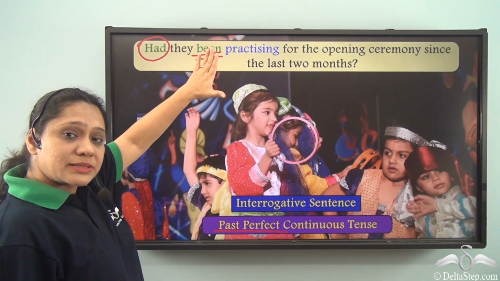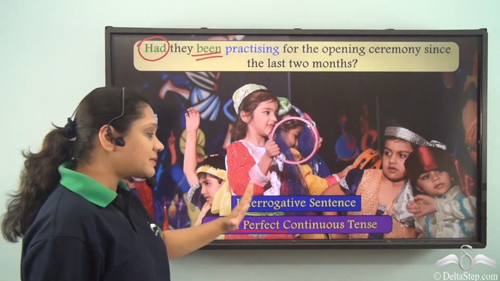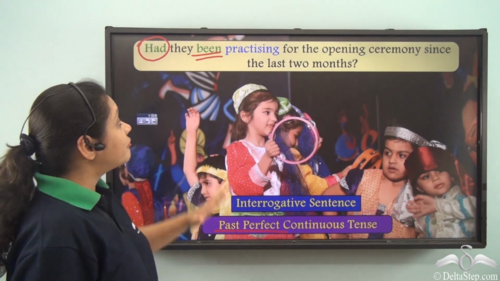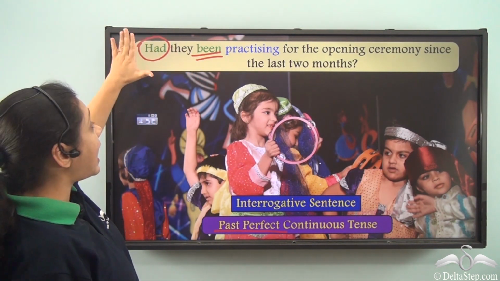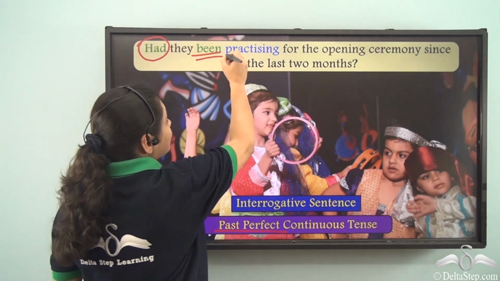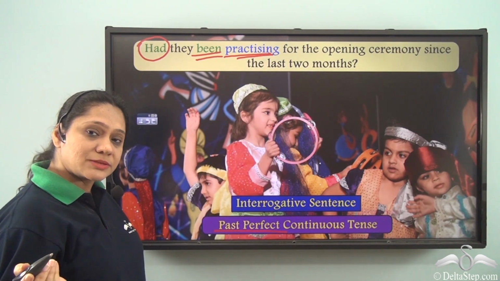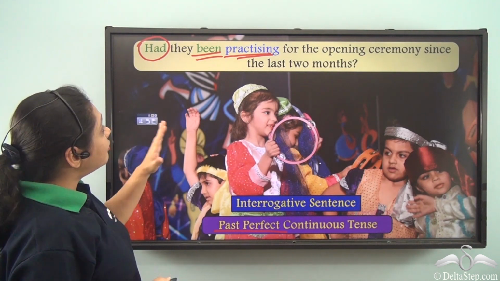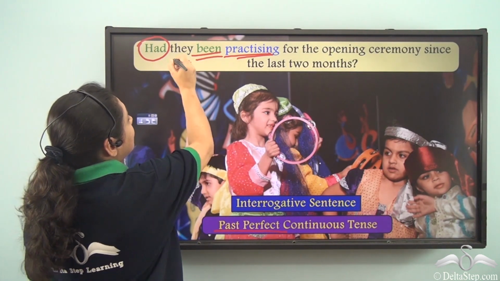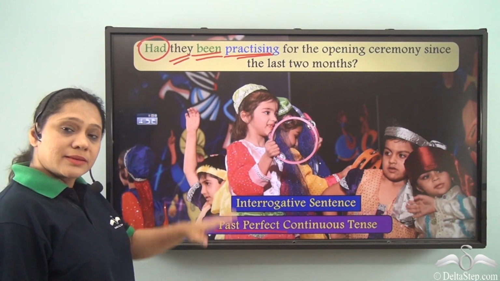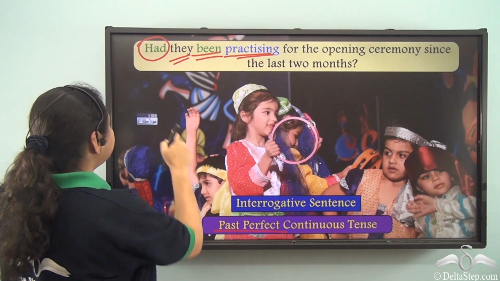So this interrogative sentence is portraying the past perfect continuous tense, where we have two auxiliary verbs, had and been, and the main verb is practicing, which is an ing form of the base verb practice. Now we have used had been with our subject they. This is a plural subject.